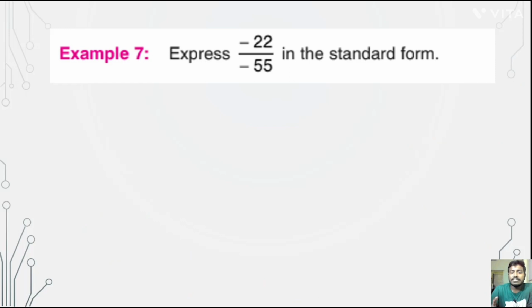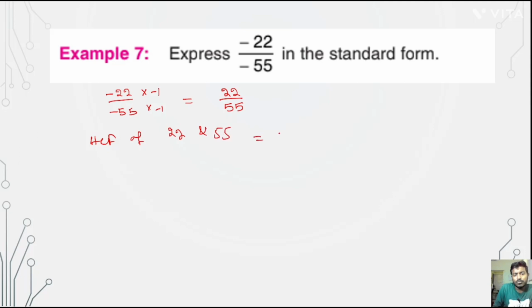Next, express this in the standard form. Okay. First, we write minus 22 divided by minus 55, multiplying by minus 1 to make the denominator positive, is equal to 22 divided by 55. Any doubt? Now find the HCF. HCF of 22 and 55 is equal to 11.